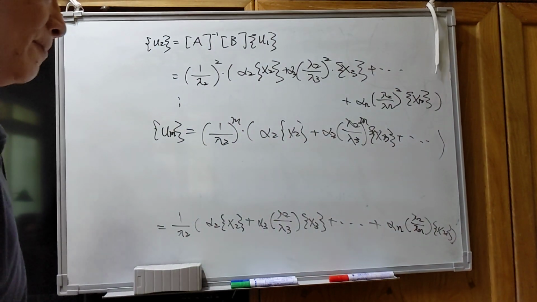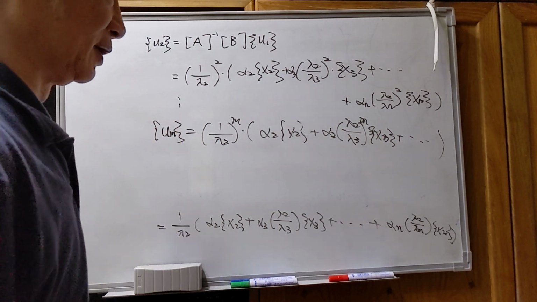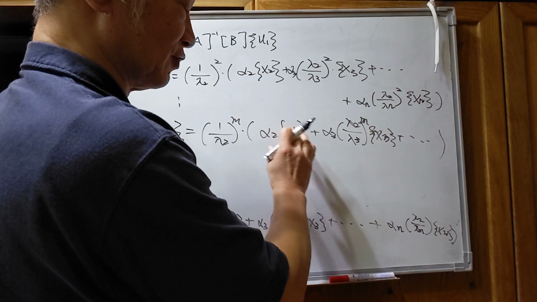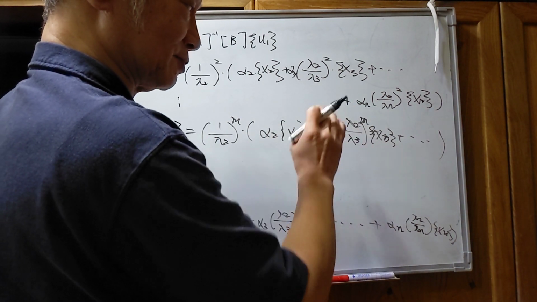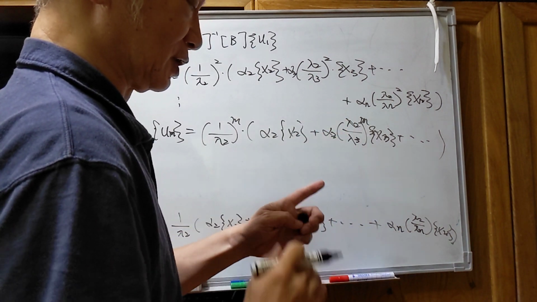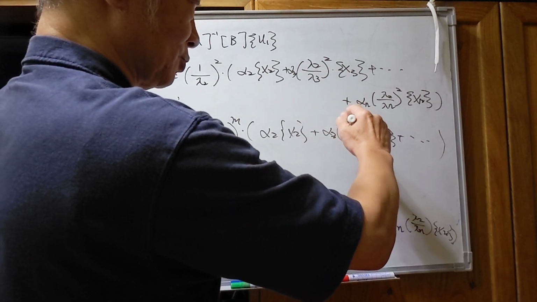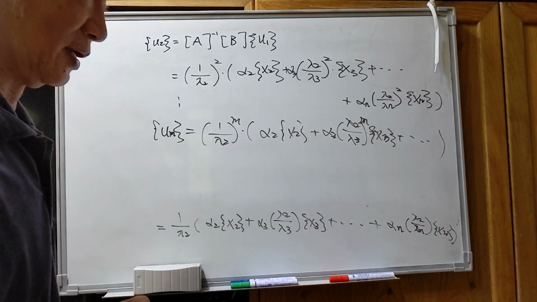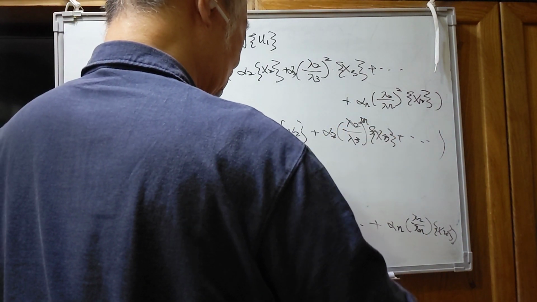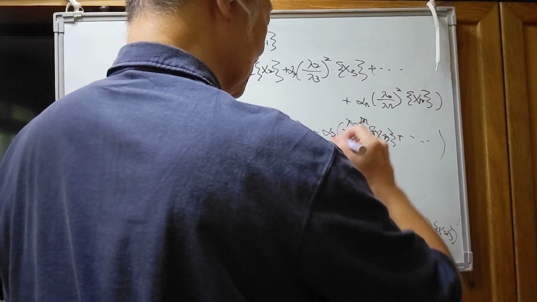We have already defined that the absolute value of lambda 2 must be smaller than the absolute value of lambda 3. So this ratio is less than 1, and the terms will approach zero.